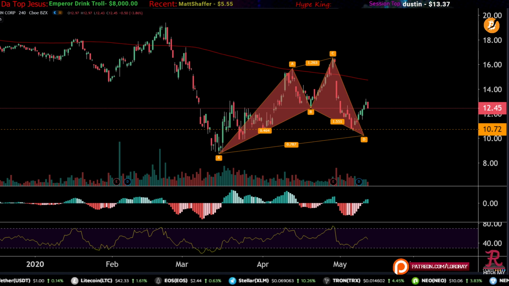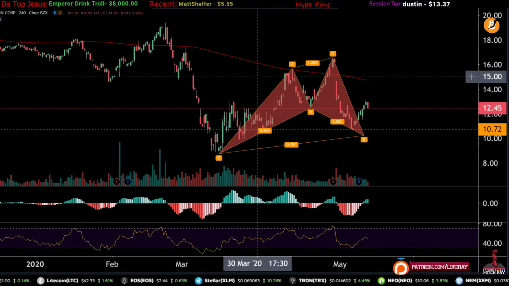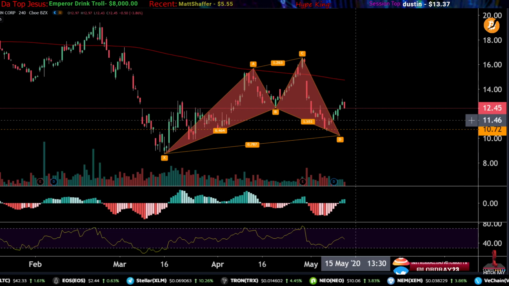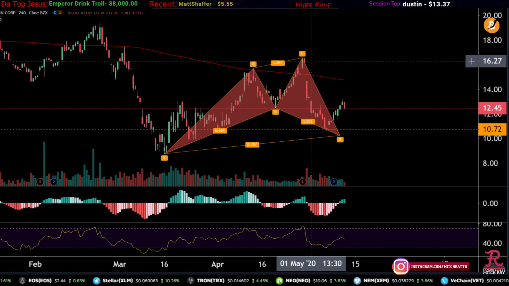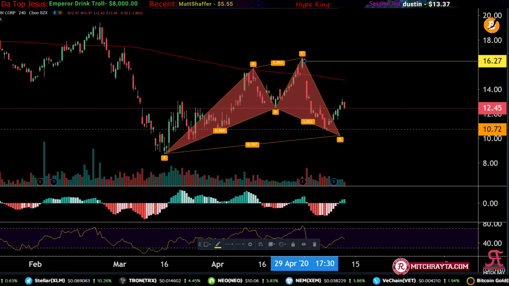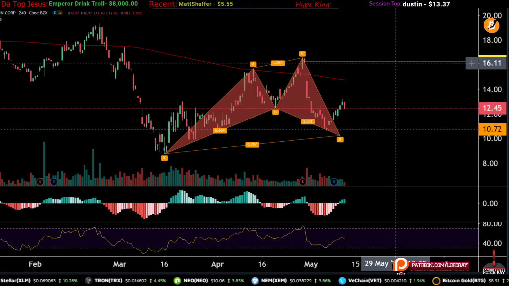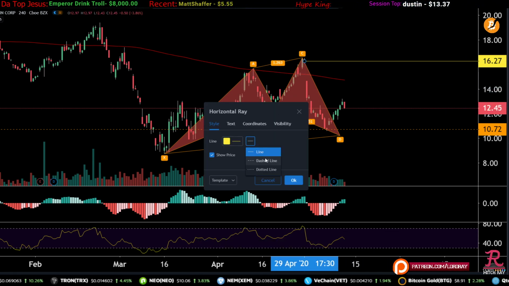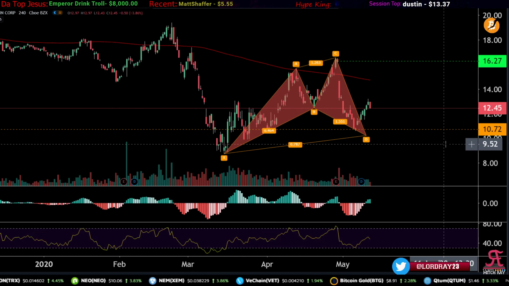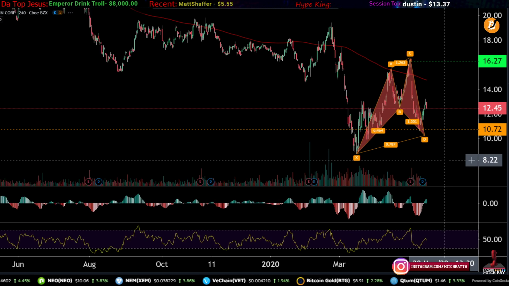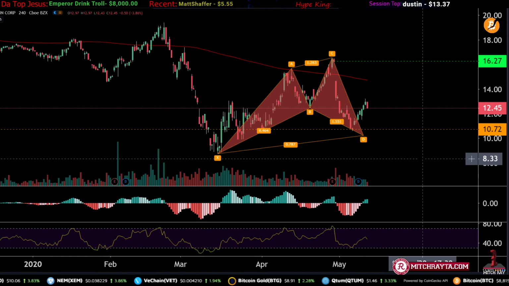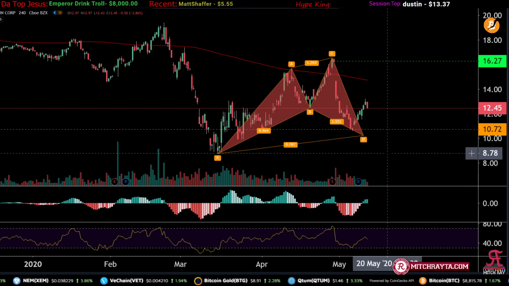But if the macro doesn't become volatile and nuke itself, then this could eventually pivot and rally to the upside, and you could get a gap fill all the way up to like 16 bucks or something. Maybe if you're lucky. But it's tough to say when you've got a macro like this that looks maybe ready to reverse.